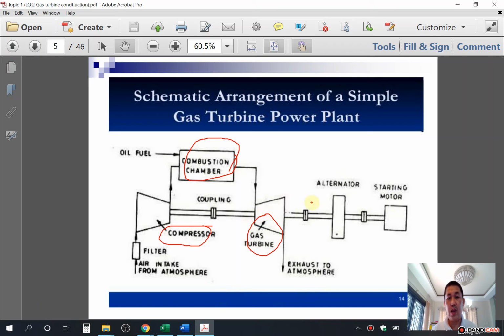The gas turbine is coupled to the alternator, which is this one. It is also coupled to the starting motor. When this turbine rotates, this alternator produces electricity. So the turbine drives the alternator to produce electricity.